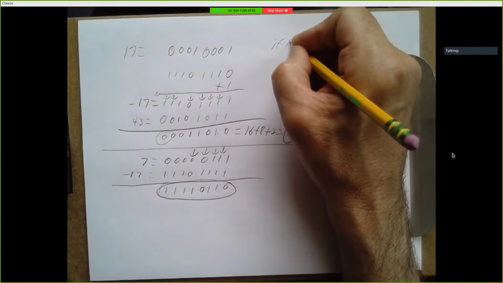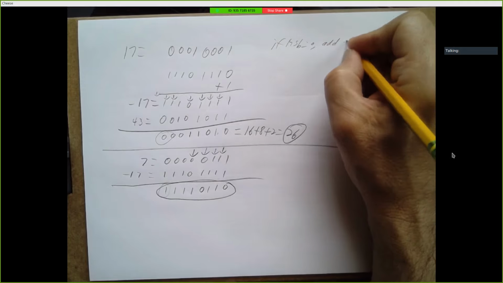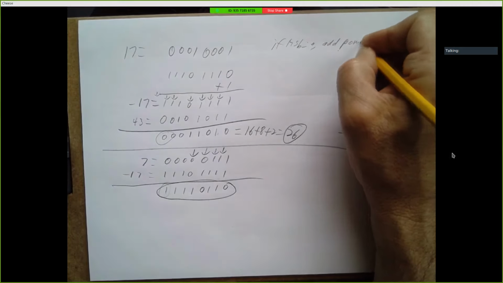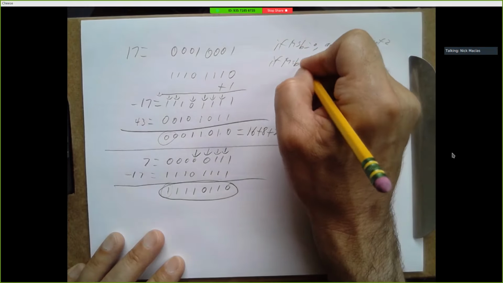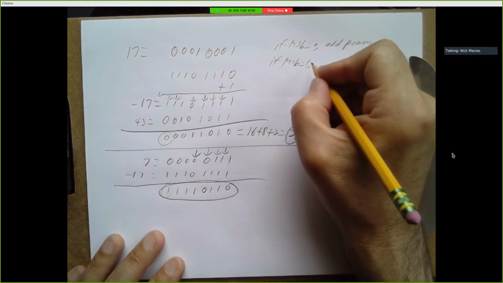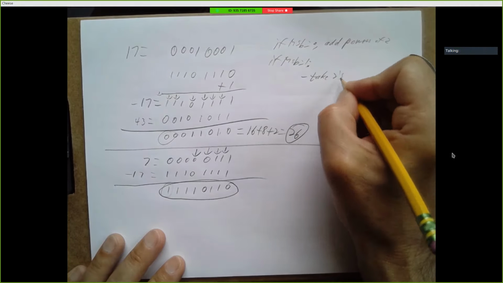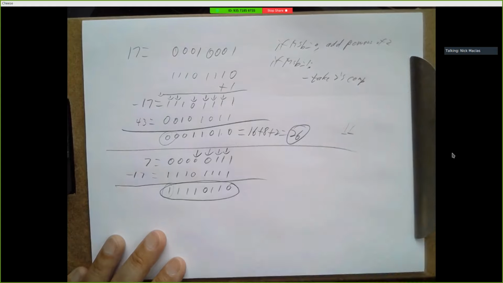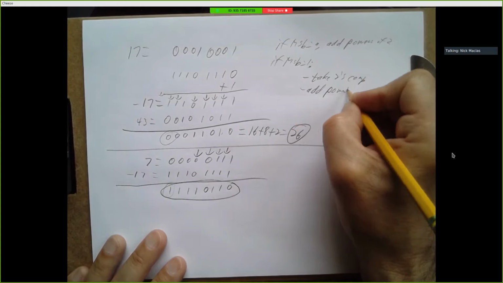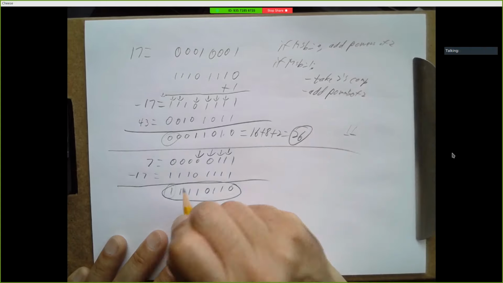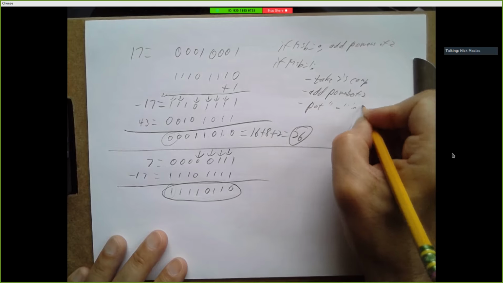So if the most significant bit equals 0, add powers of 2. If the most significant bit is equal to 1, then we need to do the following. Take the 2's complement, which will give us a positive number, add the powers of 2, and then put a minus sign in front.